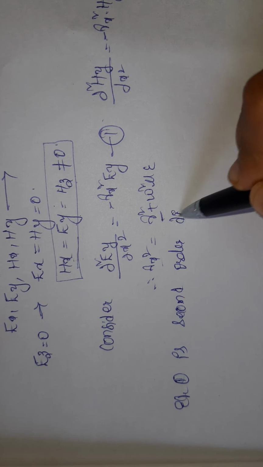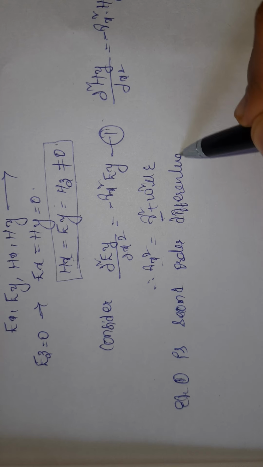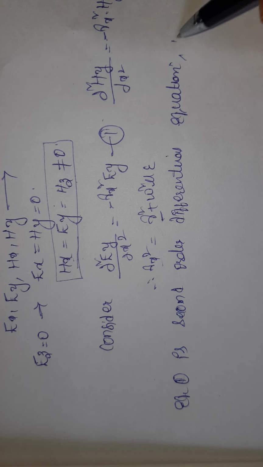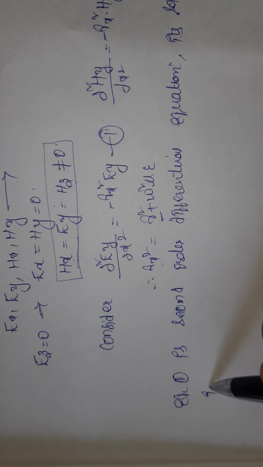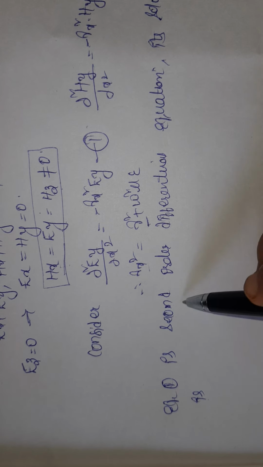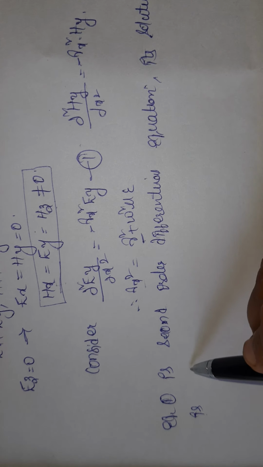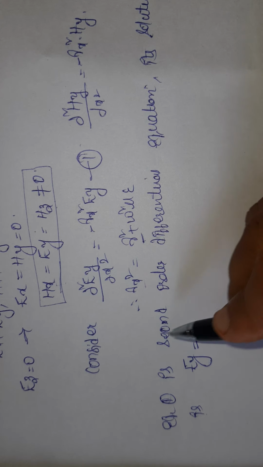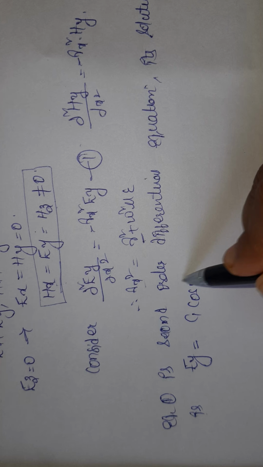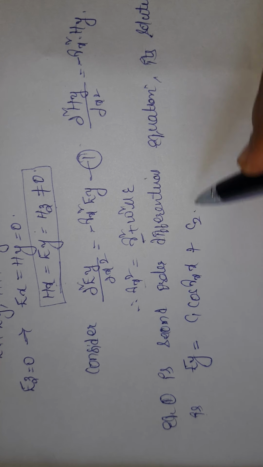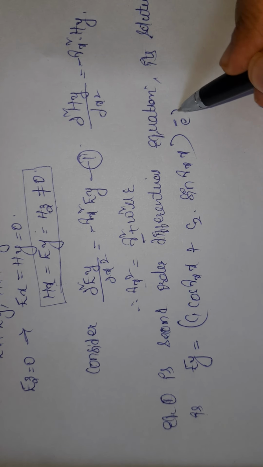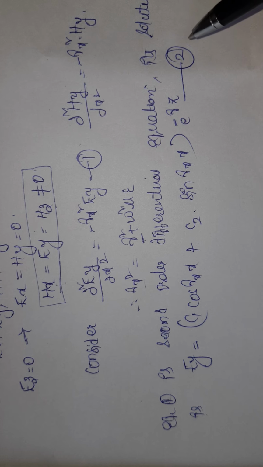As you may have already read in maths, for a second order differential equation the solution, in the variable Ey, is Ey is equal to C1 cos gamma x of x plus C2 sin gamma x of x, into e power minus gamma z. Consider this as equation 2.